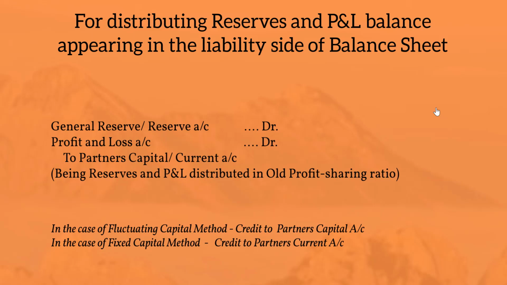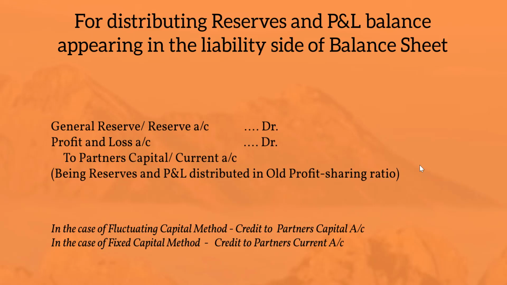Now we need to debit the amount of general reserve and also the P&L balance appearing in the liability side of the balance sheet and distribute it among the partners' capital account where the fluctuating capital method is being followed, or the partners' current account in the case of fixed capital method. So this will be distributed in old profit sharing ratio.